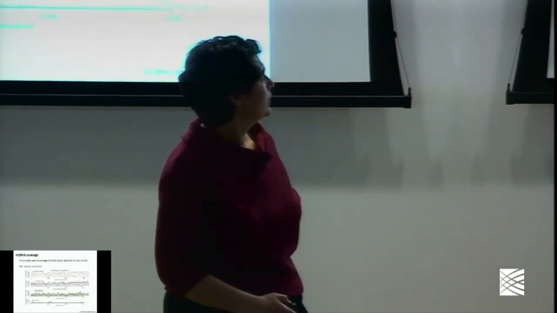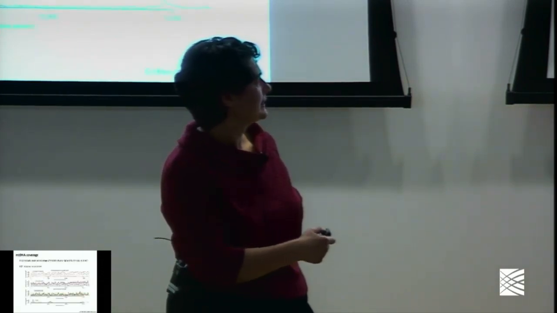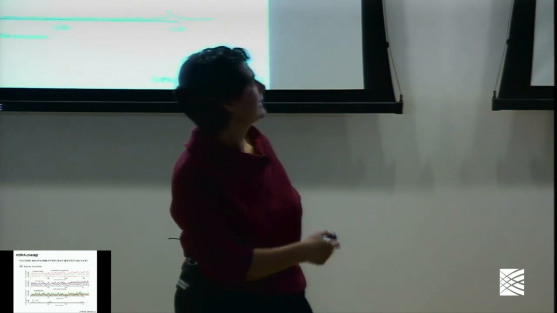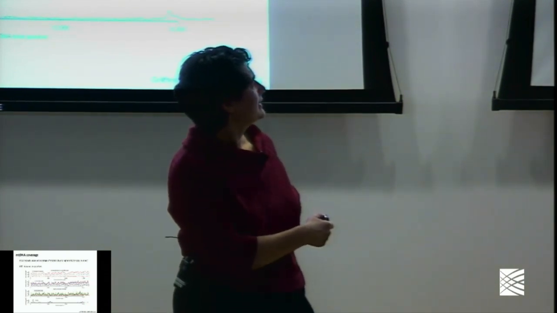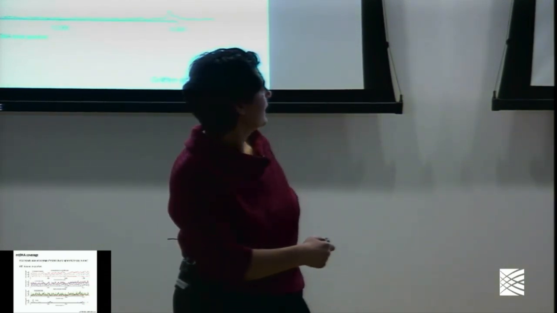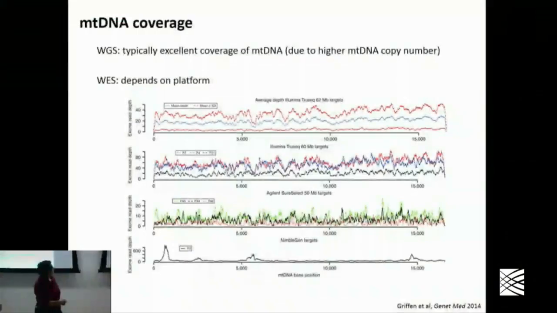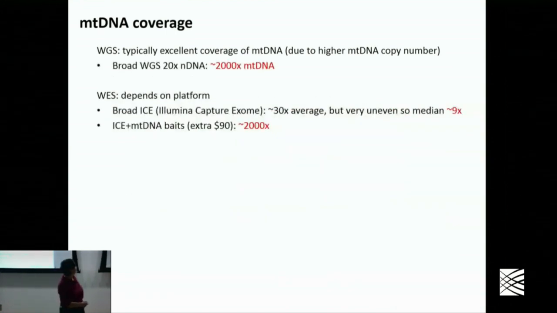The coverage in the whole genome sequence is usually excellent because there are so many copies of the mitochondria. For whole exome sequencing, it really depends on the platform. Older exome sequencing covered the mitochondria just fine. Then they tried to get rid of all the off-target reads, and they added blockers to the mitochondria, so you actually get very low coverage in the ICE genomes.